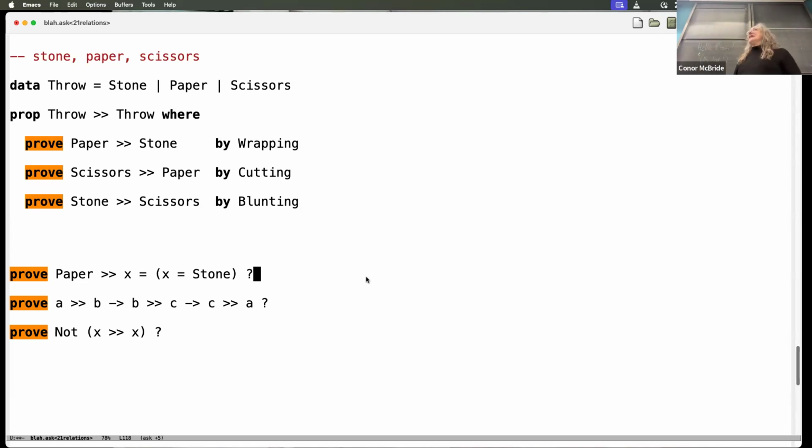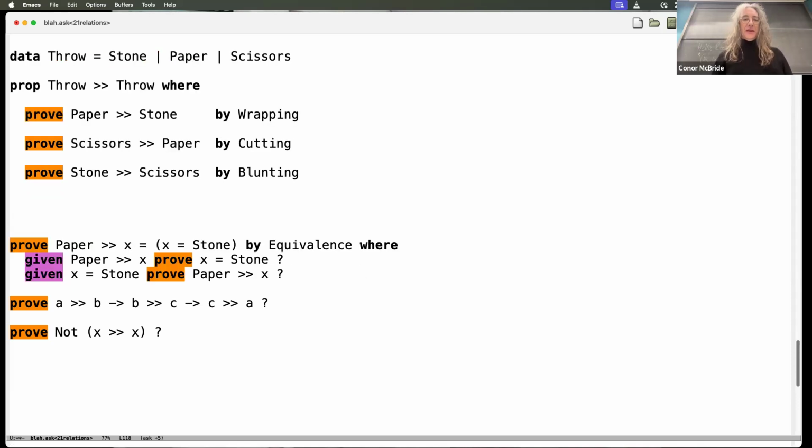That's to say, there's exactly one thing that paper beats, and that thing is stone. So, okay, we go by equivalence. All right. So let's do the second one first.